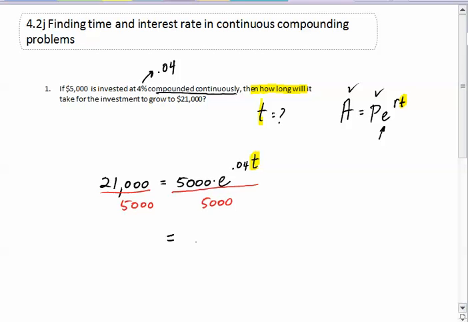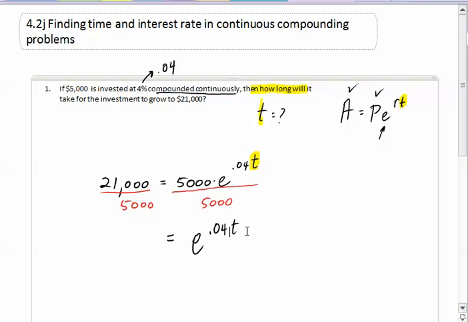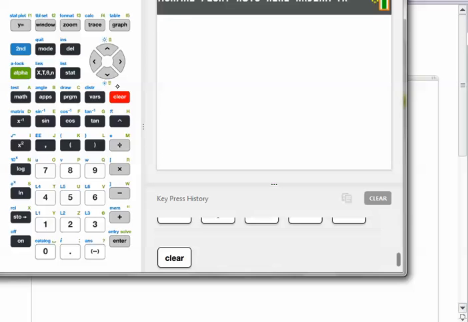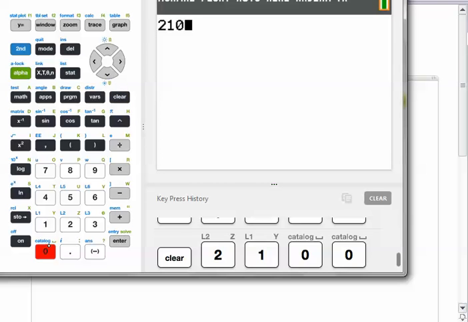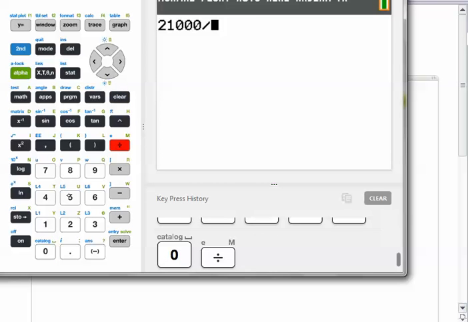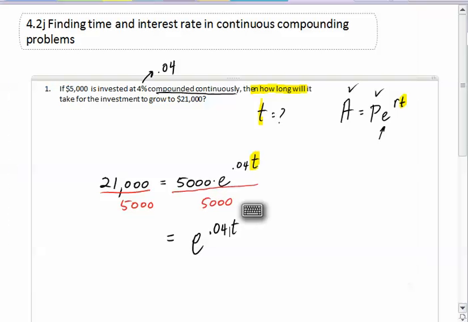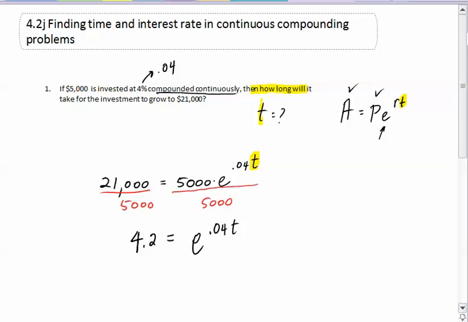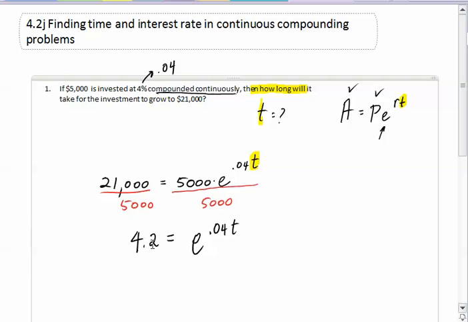If you haven't seen the previous video, definitely take a look and watch it. So I get 21,000, let me go to my calculator, 21,000 divided by 5,000, and I get 4.2. So we have 4.2 is equal to that.